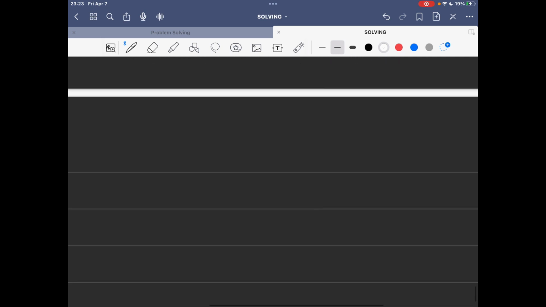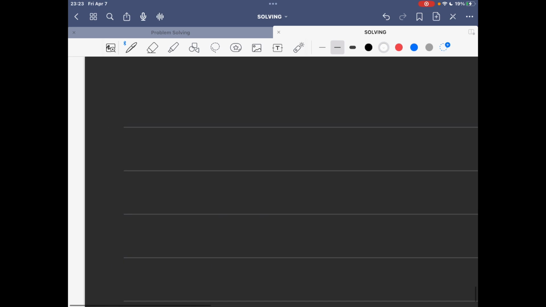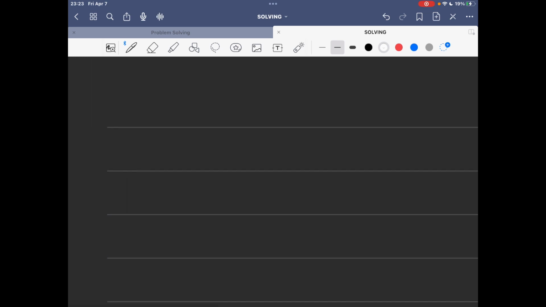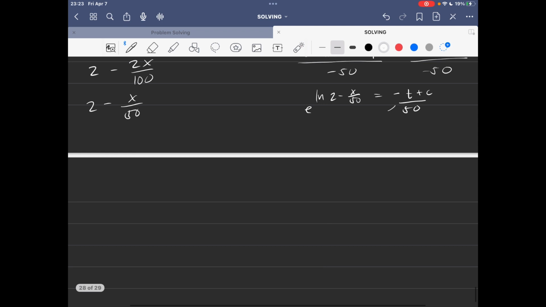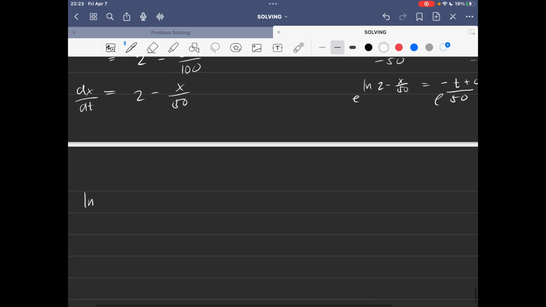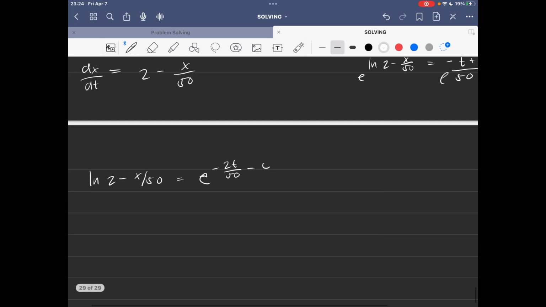Then we can exponentiate both sides, which will get us to 2 minus x over 50 is equal to e raised to negative 2t over 50 minus c.